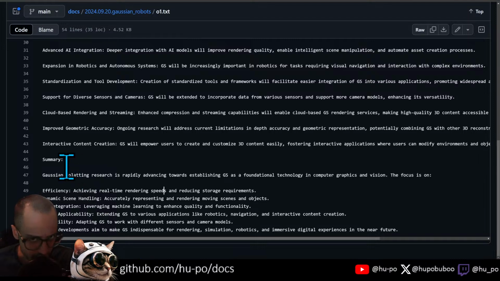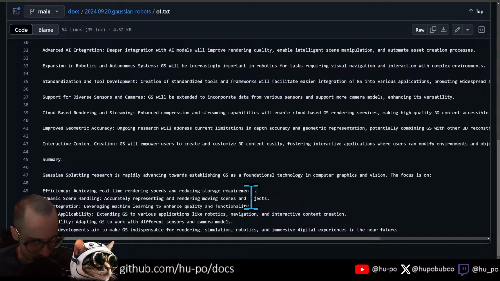Maybe why don't we just go straight into that? So this is what OpenAI's O1 decided is the future of splats given the 10 different papers that we're going to be looking at today. So the efficiency, aka being able to render Gaussian splats faster, which means you can render them on lower compute edge devices like VR headsets and robots, dynamic scene handling, so scenes where you have lots of different objects that are coming in and out, longer time spans too.